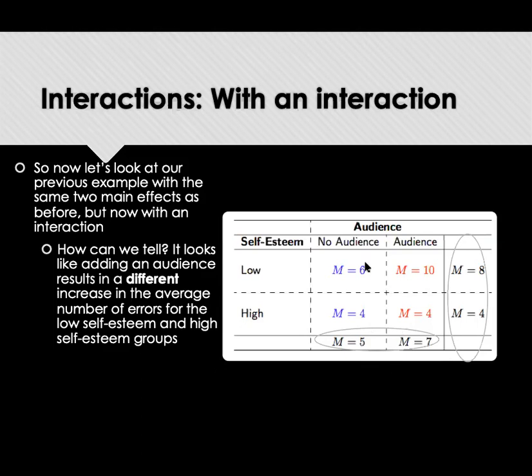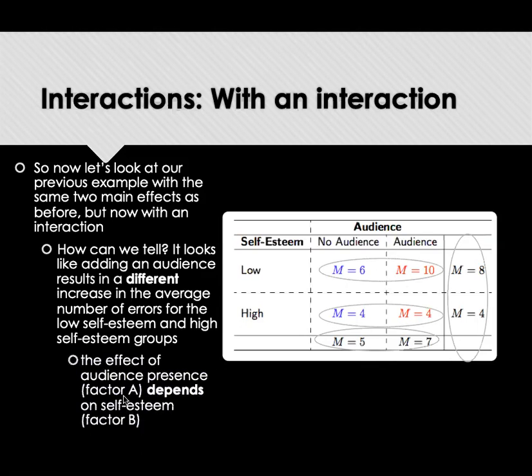But if these were the results you had, you would be looking at an interaction effect as well as main effects. And there's our interaction in the body of the matrix. Another way to say this, the effect of audience presence, factor A, depends on self-esteem, factor B.